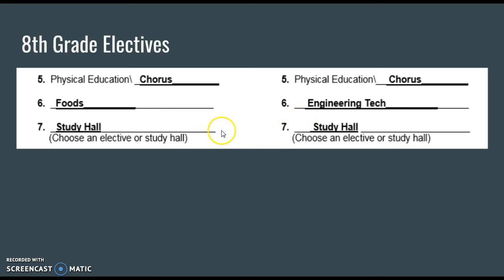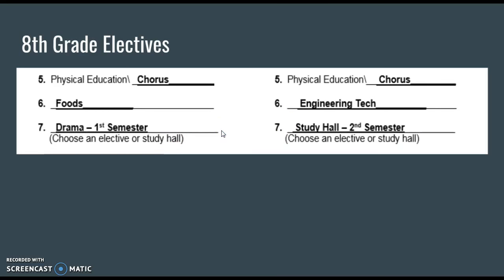Another thing that oftentimes happens is a student wants to take an elective in a certain semester because the other semester they're very busy. So if, for example, they are involved in a lot of sports and activities second semesters, they may want to have a study hall during their second semester.